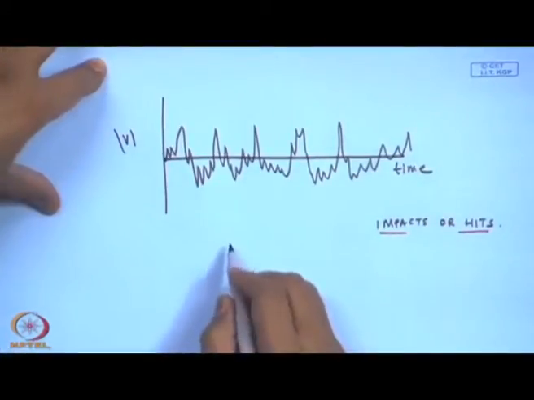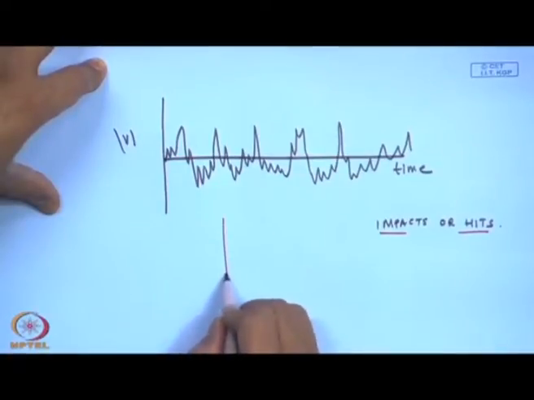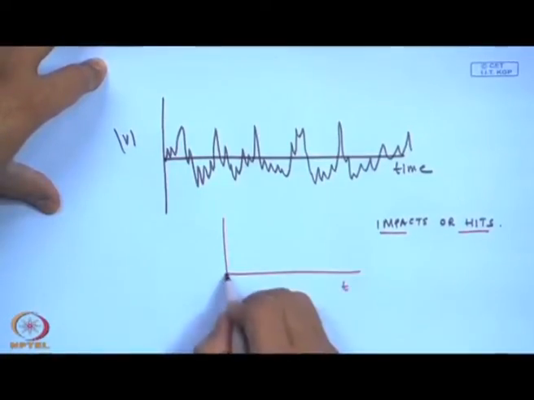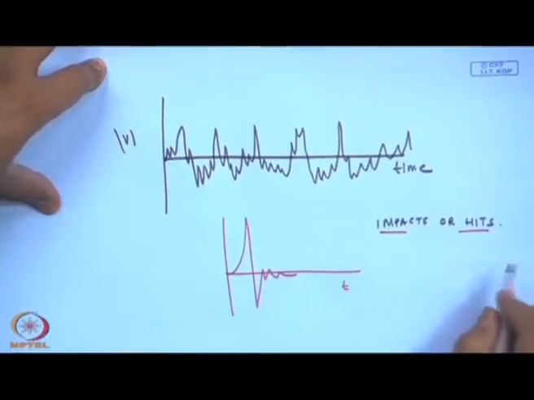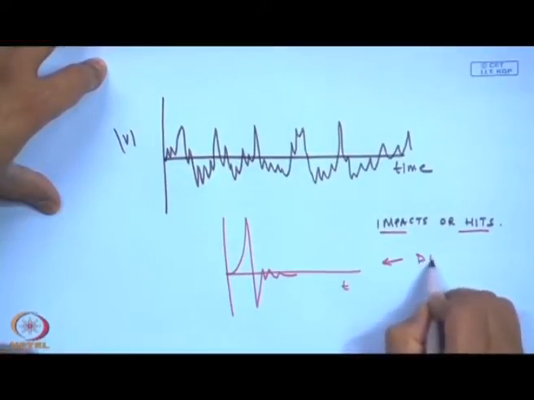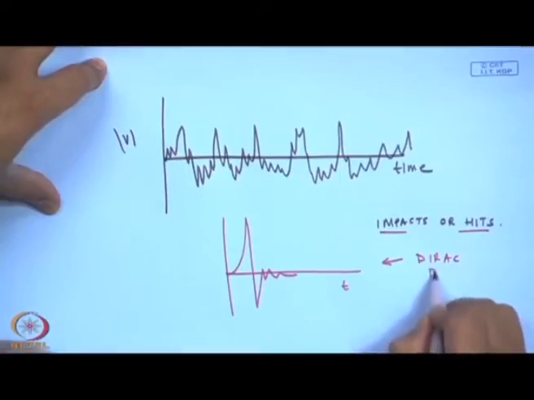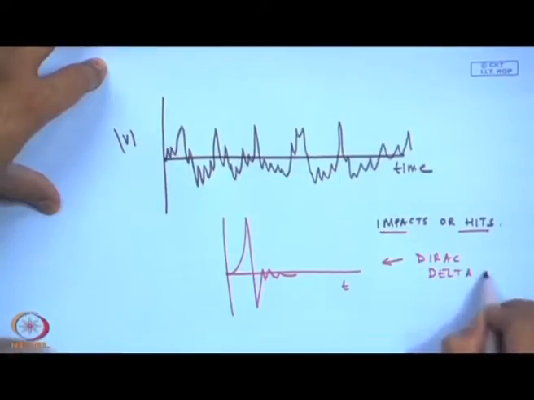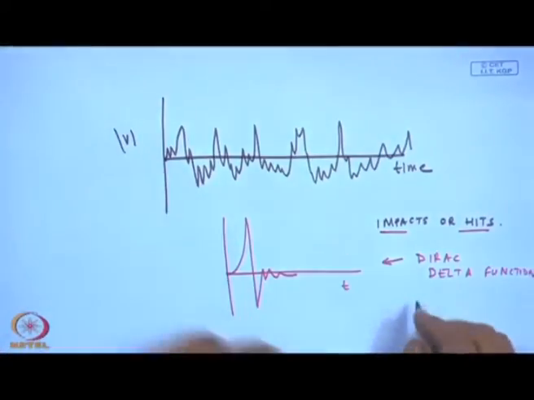You all know the characteristic signal of a hit is something like an impulse, and we mathematically represent it with a Dirac delta function when we do the integration to find out the response.